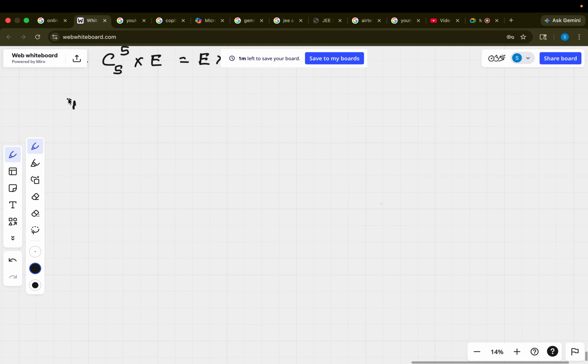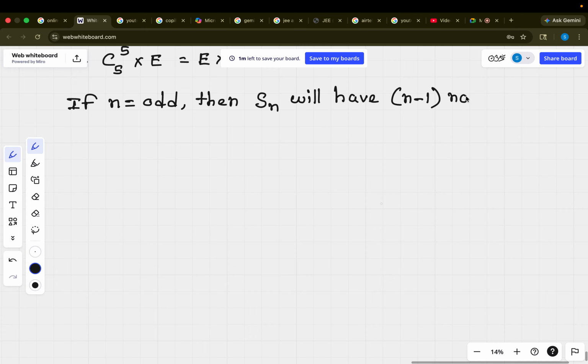So write down here that if n is odd, then Sn will have n minus 1 number of operations.